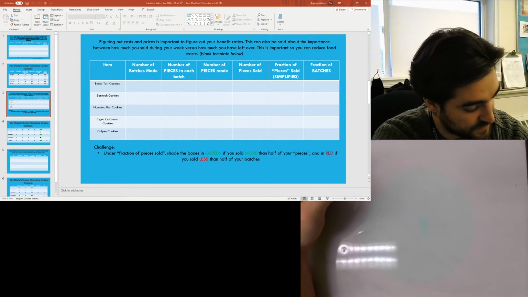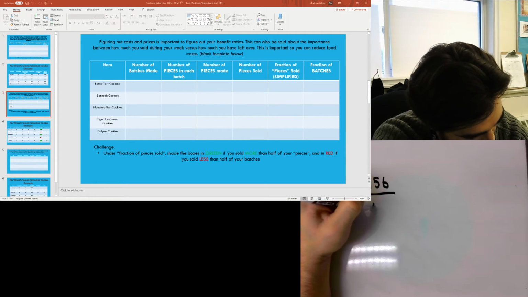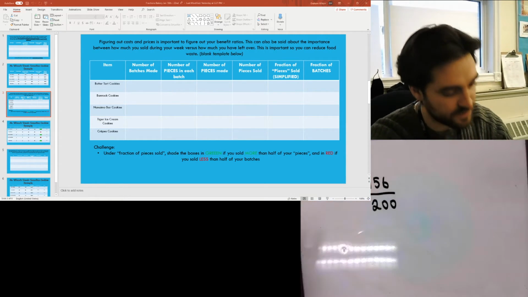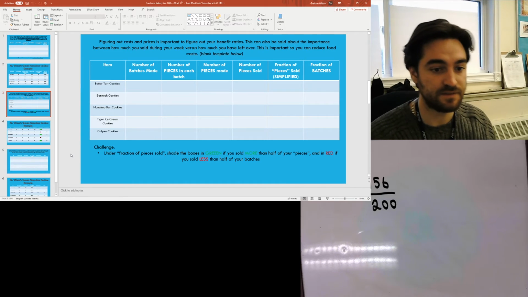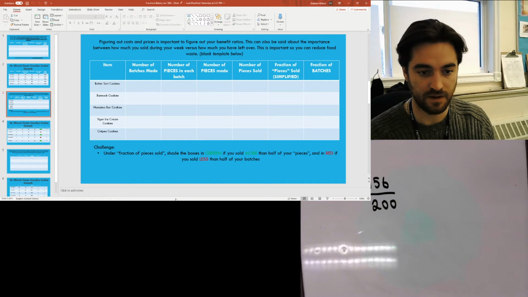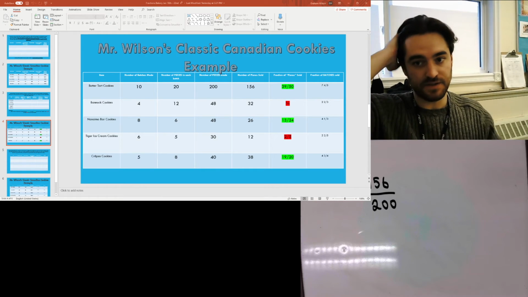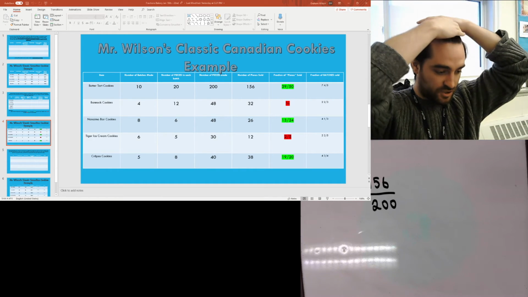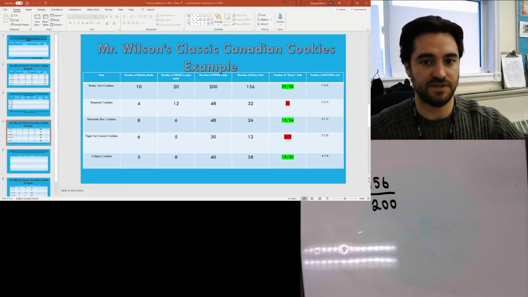So, if I were to simplify 156 over 200, I have to figure out a way to simplify this fraction, okay? Now, doing some quick math in my brain, I realized the greatest common factor that they share in common is probably 4, if I'm not mistaken.